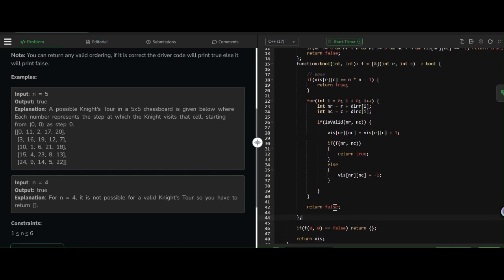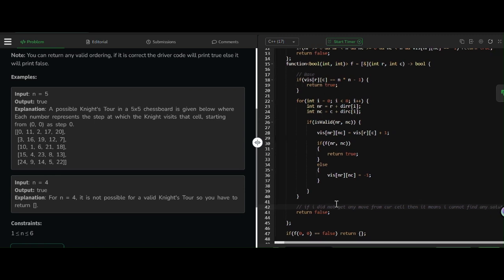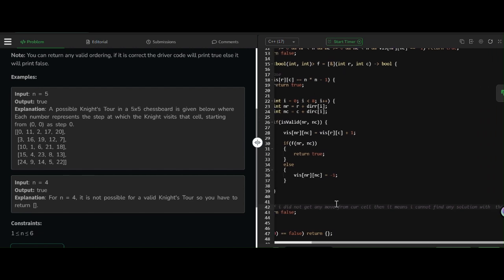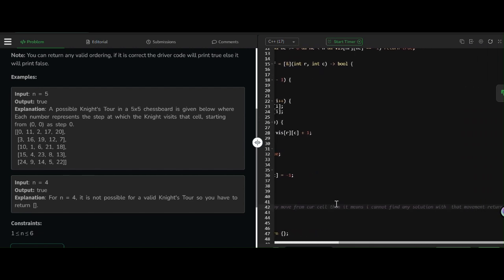So this will be the case if I did not get any move from the current cell, then it means I cannot find any solution with that move. So return that, right?